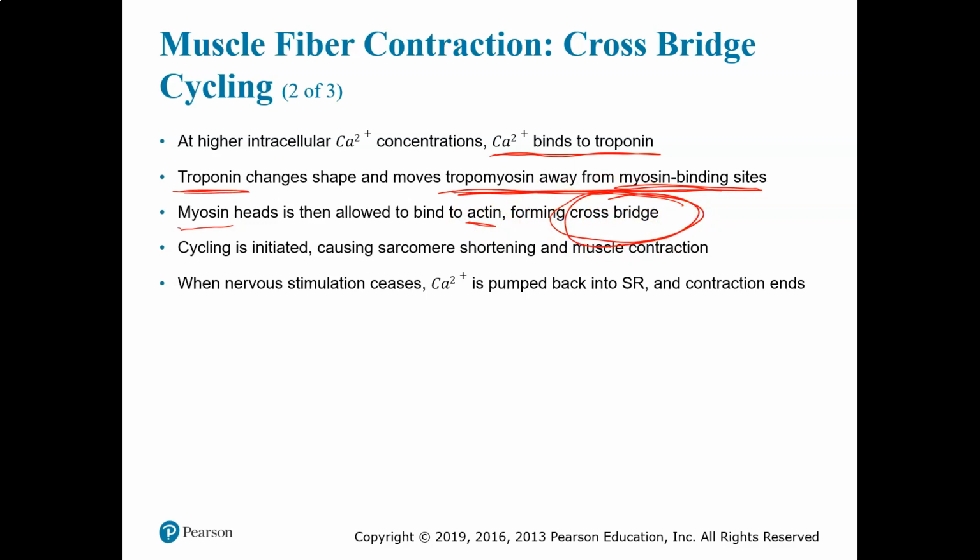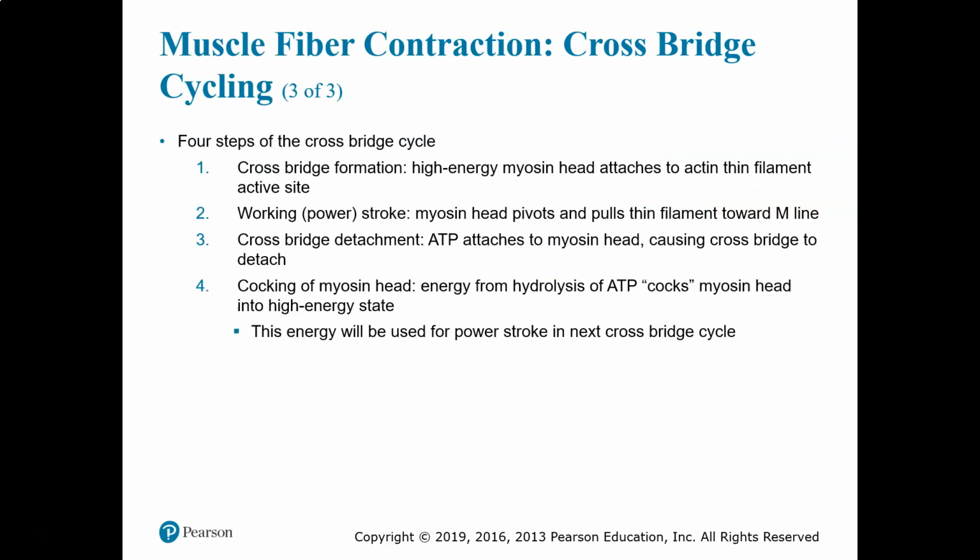And once the myosin is attached to the actin, it can pull the actin filaments toward each other, and that causes a shortening of the sarcomere. And then the calcium ions are pumped back into the sarcoplasmic reticulum so they can be reused. So here are the 4 steps of the cross-bridge cycle. Cross-bridge formation is when the myosin attaches to the active sites on actin.